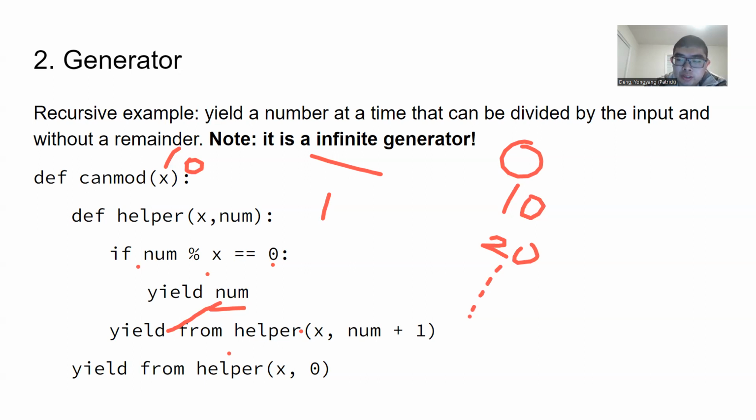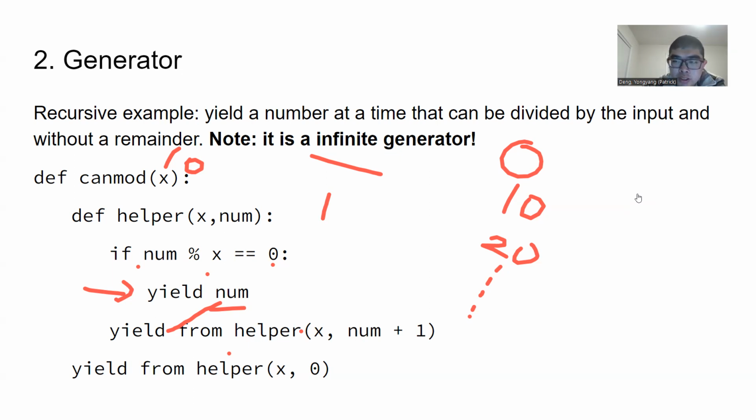It's actually no. That's because every time you do yield number, yield number, the function will take a break for a while. Previously, a return means the function stops executing anymore, and we end the function frame.